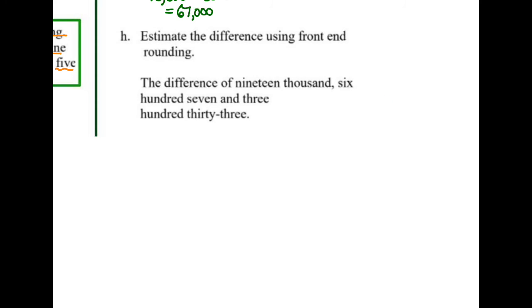Okay, I zoomed in on your last one here. So we need to write the numbers out for this particular problem. So we have 19,607. And we're doing the difference, so it's a subtract problem. 333.